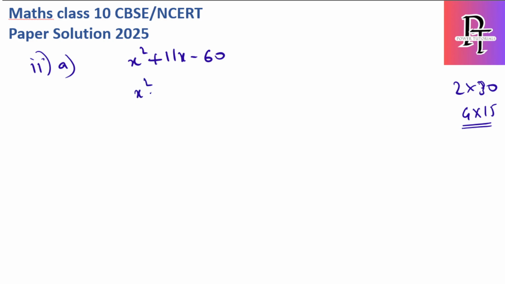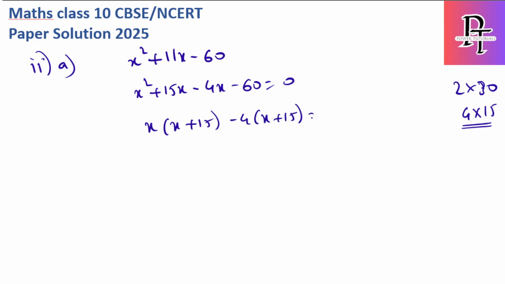So x square plus 15x minus 4x minus 60 is equal to 0. So x into x plus 15 minus 4 into x plus 15 is equal to 0. This becomes x minus 4 into x plus 15 is equal to 0. So the x values I got are 4 and minus 15.